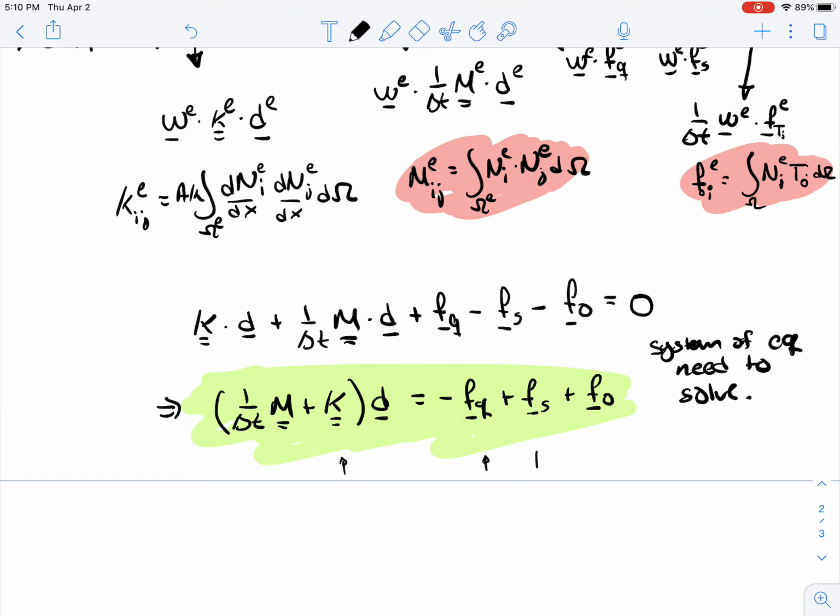The other ones are the same. So this K is the same, FQ is the same, Fs is the same as before. This D is the same, it's just the vector with the temperatures at the next time step. So again, really the only things that changed here are this mass matrix and the F naught vector, which is basically the temperature from the previous time.